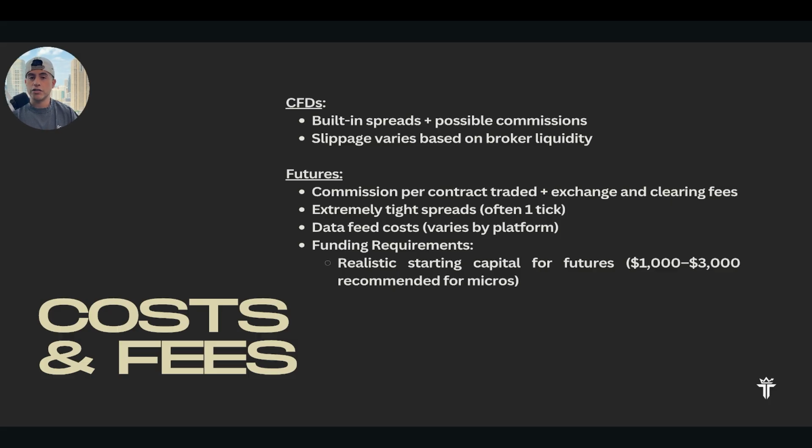But if you do want to trade futures, you're going to want to have a couple $1,000 just to be able to trade micros. You can't really afford to have a huge stop, but definitely micros, a couple $1,000 is going to be it. And even before you do that, remember you can open up a demo account with basically anywhere. All right. And I'm going to give you guys some recommendations, or not even recommendations, just these are your options.